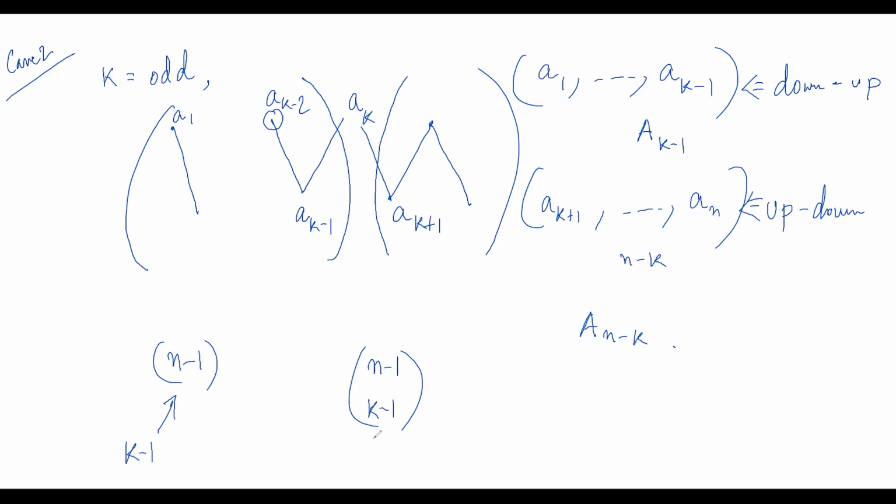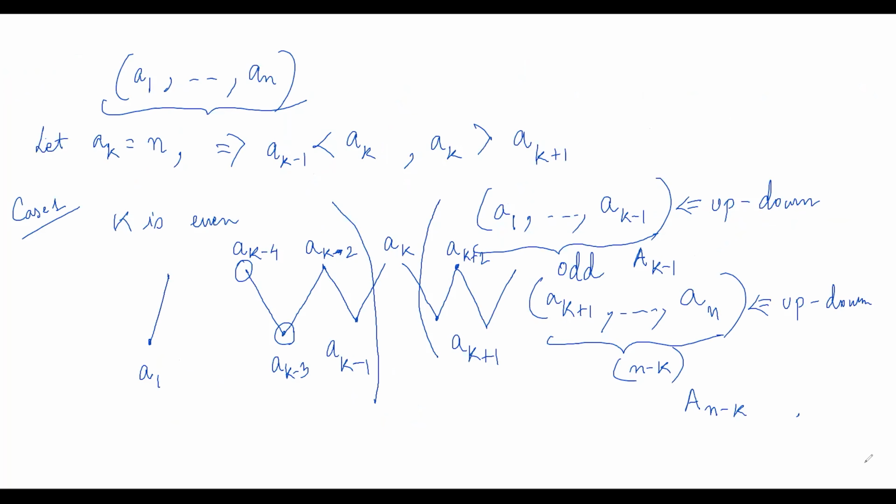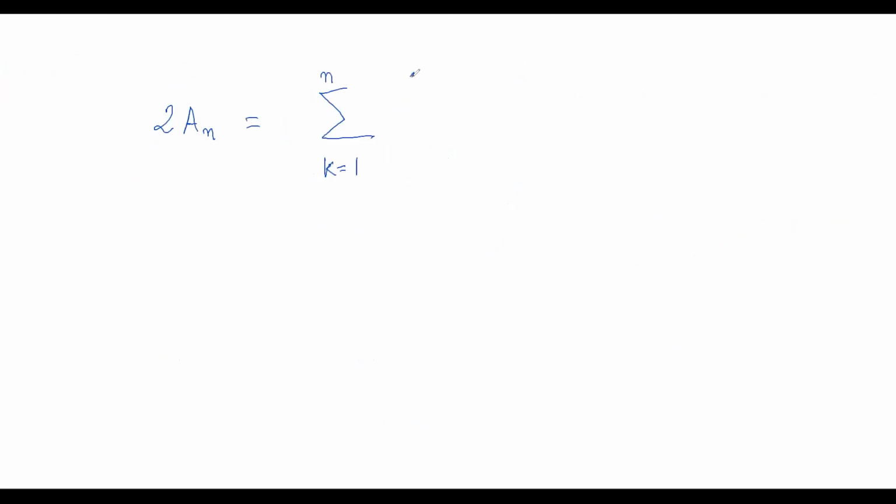And for each such choosing, you obviously are left with n minus k numbers, and that goes to group 2, for case 1 as well as case 2. And so it's n minus 1 choose k minus 1. Now we have chosen numbers for the two groups, and now for the first group we can make such sequences in a k minus 1 ways.